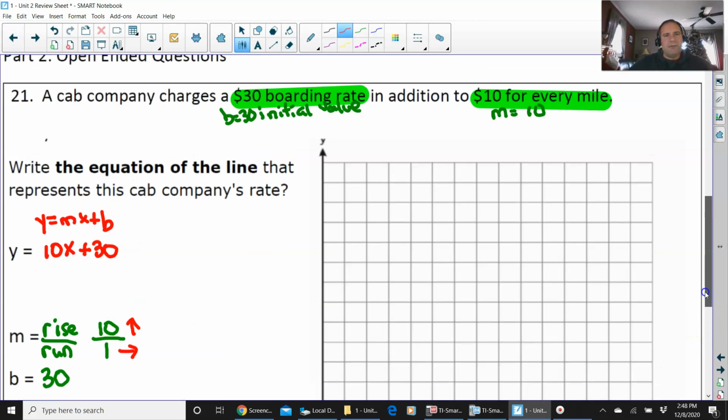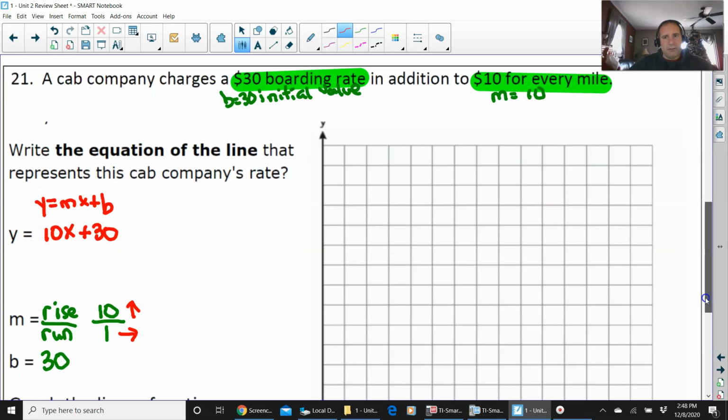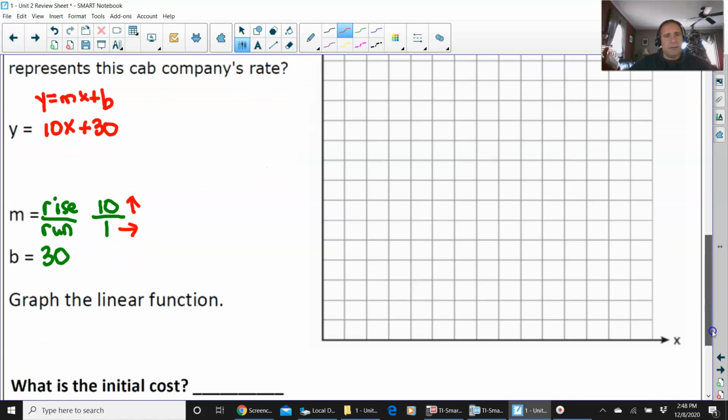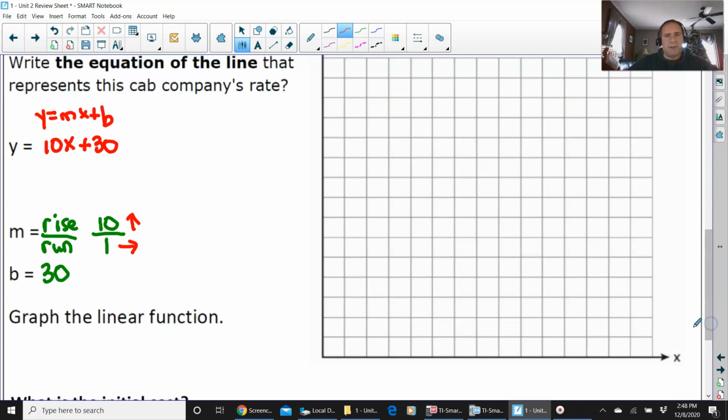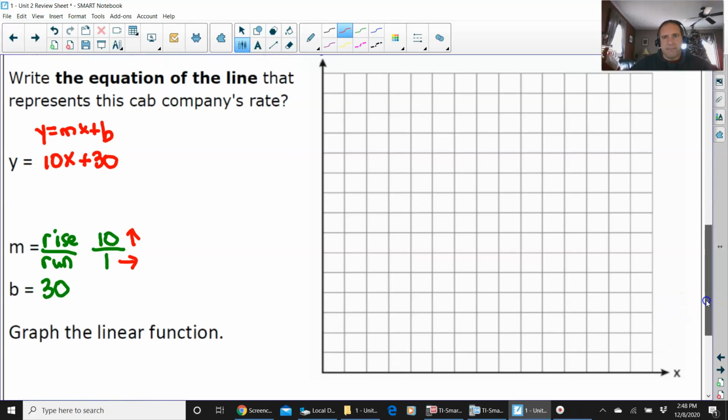So I have two things here. I have dollars and miles. Miles represents the x. Miles. That's the independent variable. And dollars represents the y-axis.